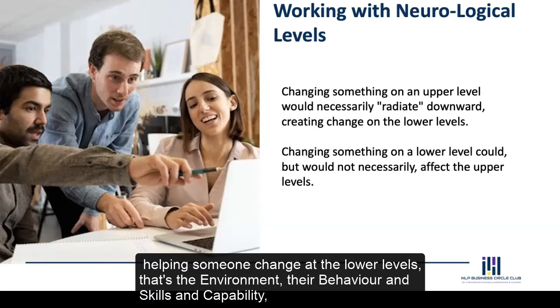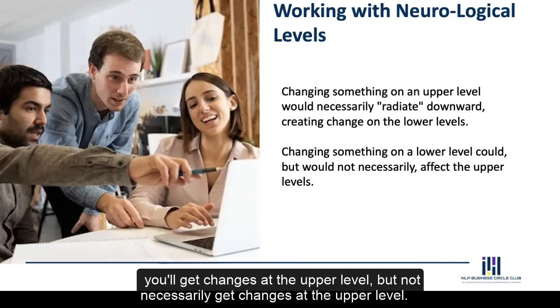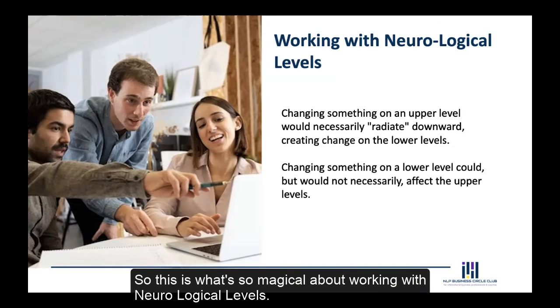If you're helping someone change at the lower levels, that's the environment, their behaviour and skills and capability. Sometimes you'll get changes at the upper level, but not necessarily. So this is what's so magical about working with neurological levels.